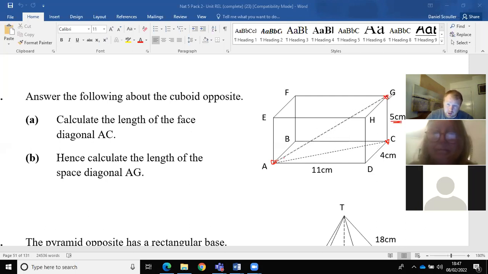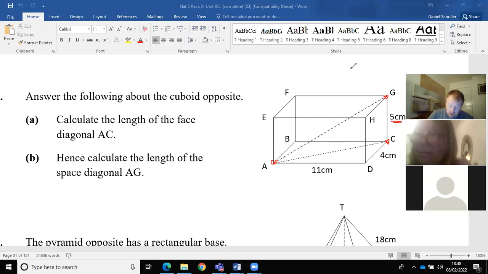Your opposing corners in that rectangle are A and G. G to C is that 5 centimeters. A to C, which is the bottom of that slice, is what we've just found out, which is 11.7. And then AG is going to be our hypotenuse.